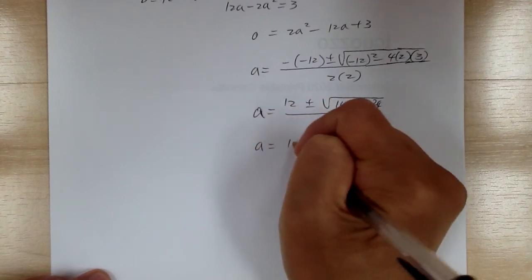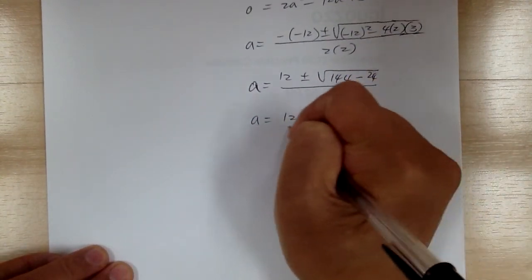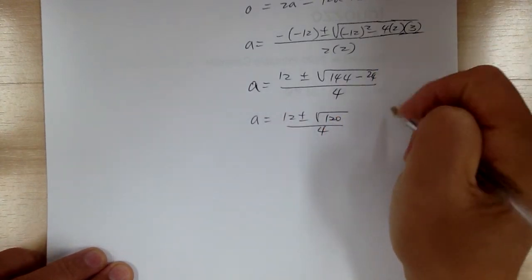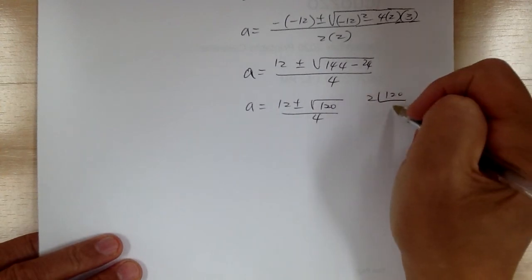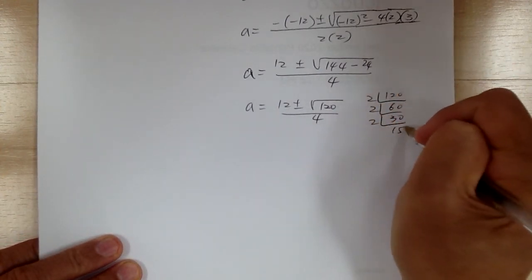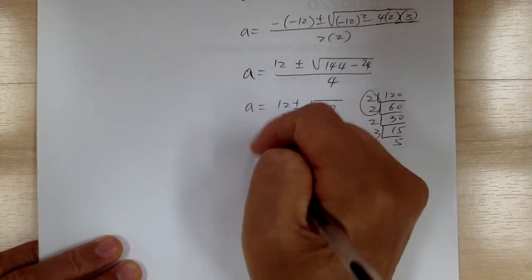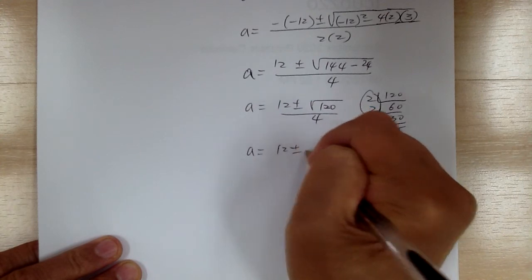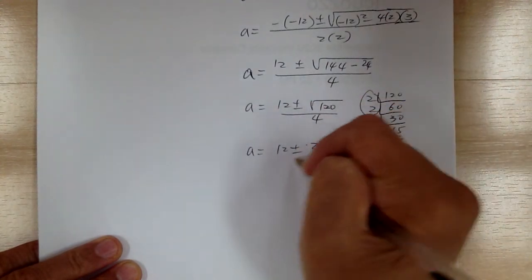So a equals 12 plus or minus the square root of 120 over 4. To simplify this, break it down into prime factorization. The only thing that can come out is this part over here. So a equals 12 plus or minus, this comes out, and the leftover would be the square root of 30, over 4.